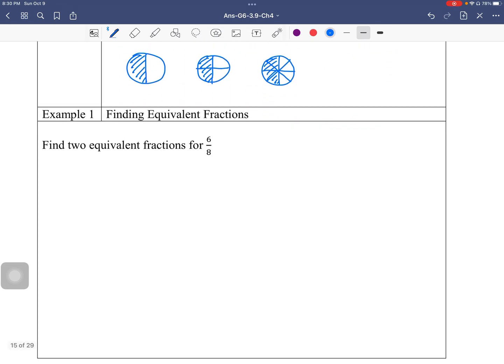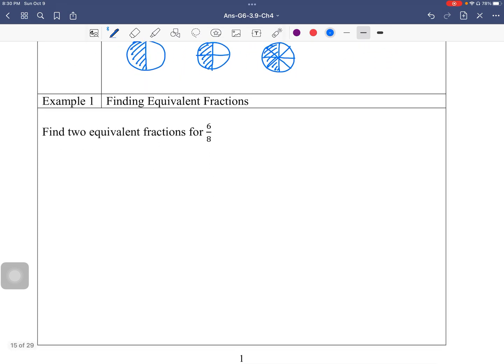Now I find two equivalent fractions for 6 over 8. I can multiply by the same number or divide by the same number. If I multiply by the same number, I get 12 over 16.